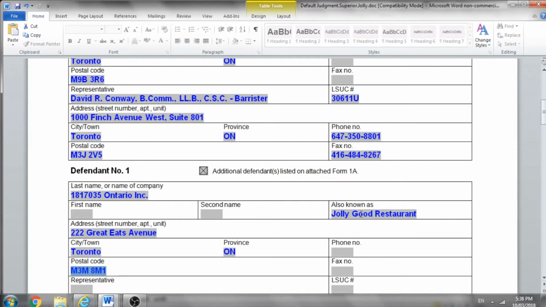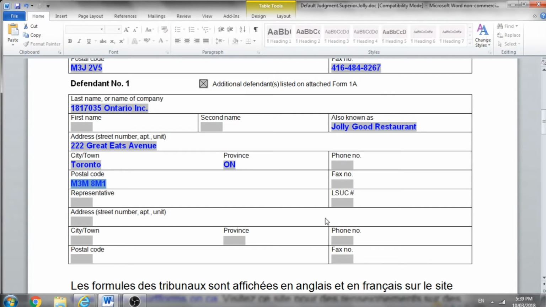Because the problem is this: if our invoices for the $12,000 state that they're to 1817035 Ontario Ltd., but our defendant is 1817035 Ontario Inc., the clerk in all likelihood is not going to give us judgment because they're two different names. So we have to make sure that when we prepare our plaintiff's claim that we thoroughly check all of our documents to make sure that we have included all of the names by which we have identified the defendants. Very important in the process.